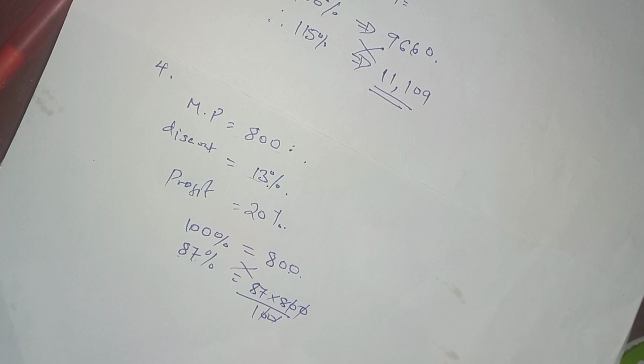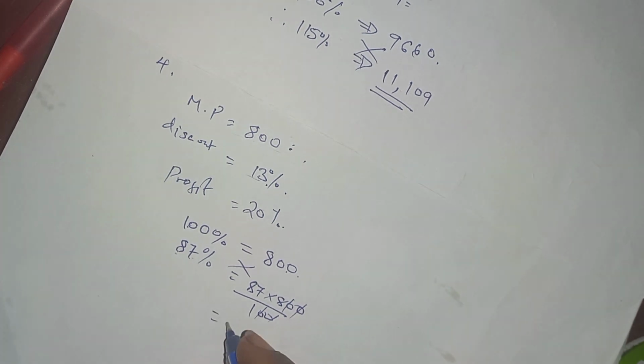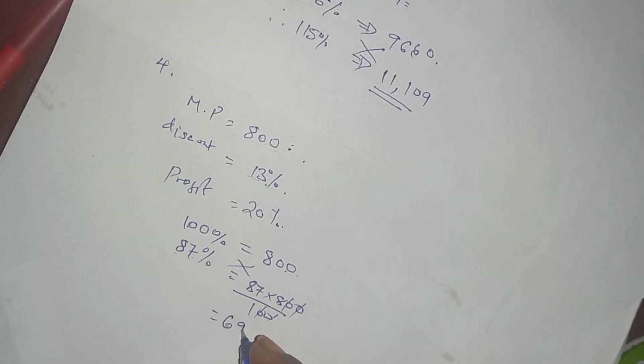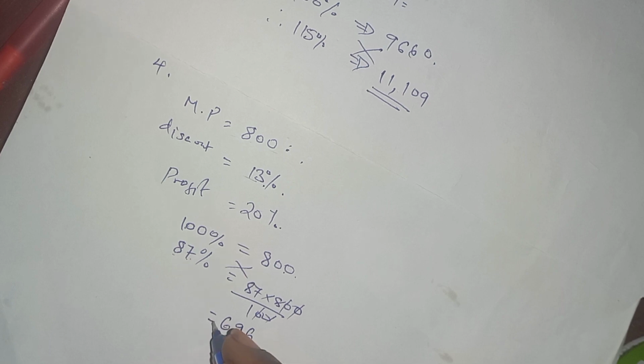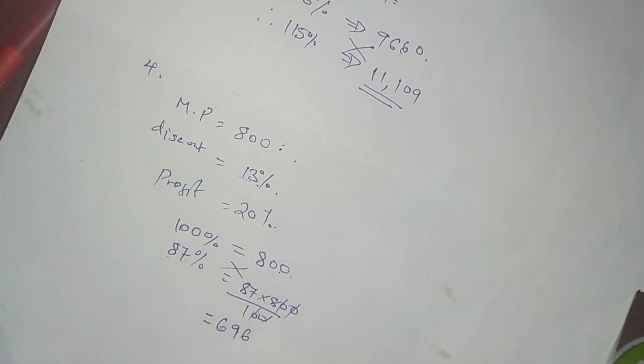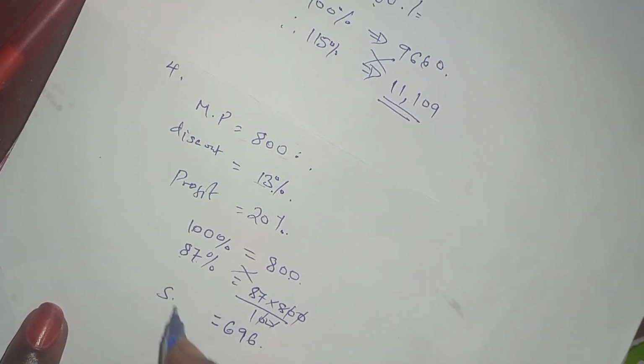We'll get 87 times 8. 87 times 8 is 696 shillings. So this 696 shillings will be the selling price.